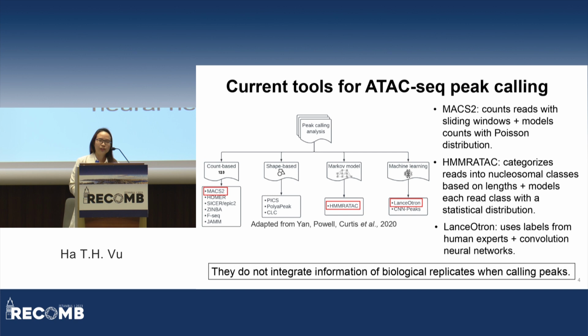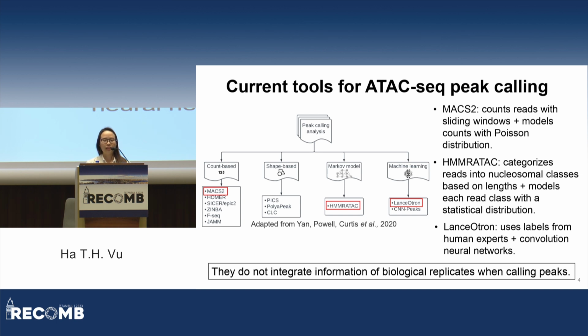The last one that I want to touch on today is LanceOtron, which is a newly developed supervised machine learning tool. It uses labels from human experts and a convolutional neural network-based method in conjunction with some other statistical testing to score the peaks.